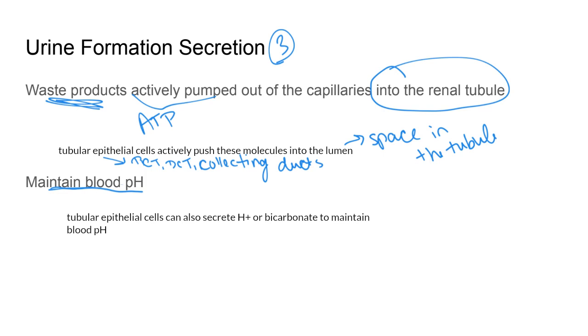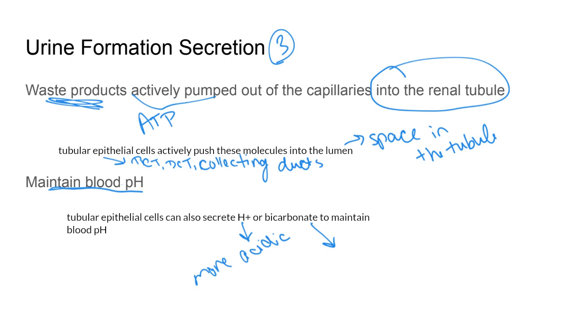Those tubular epithelial cells can secrete hydrogen ions, which would make something more acidic. So that would help bring the pH up if we needed to. I'm taking these hydrogen ions that make the blood more acidic and secreting them into the lumen so that they go out in the urine.